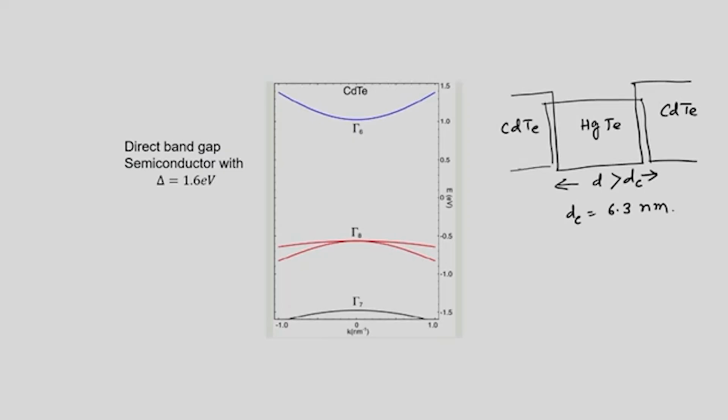So, let me show the first non-interesting one, that is the CdTe. The cadmium telluride is a direct band gap semiconductor with delta equal to 1.6 electron volt, which is fairly large. So, when d is less than dc, it is a trivial or band insulator.